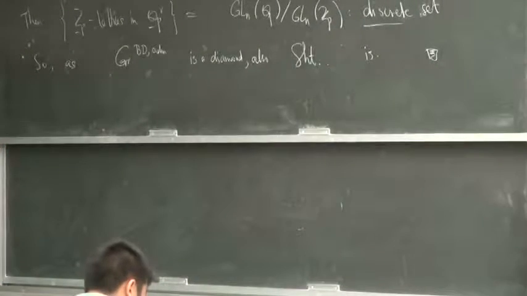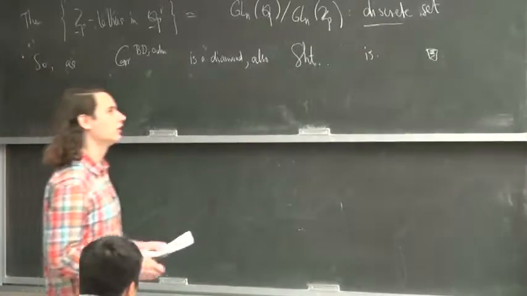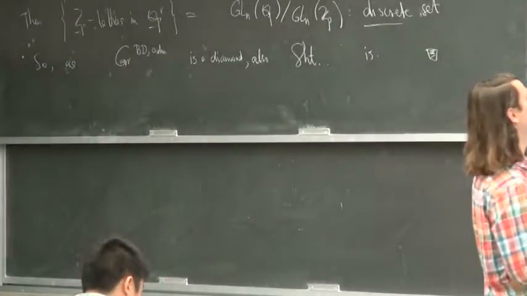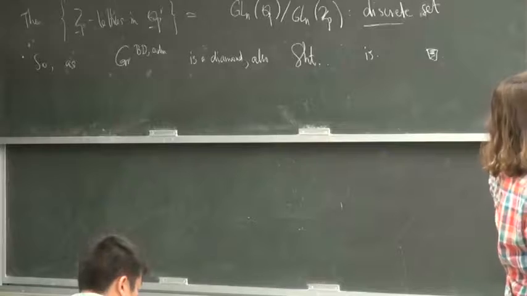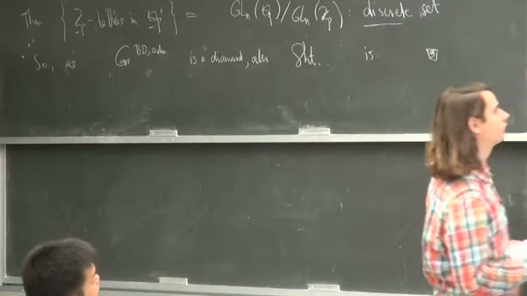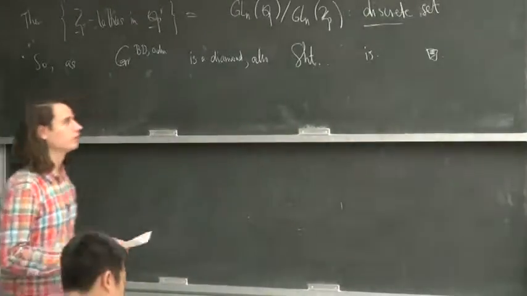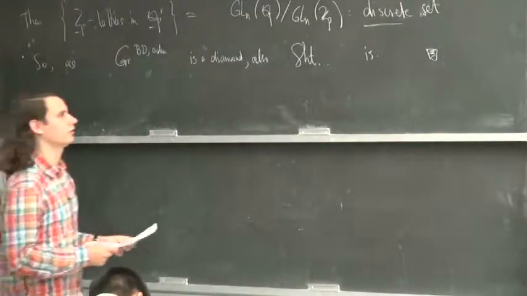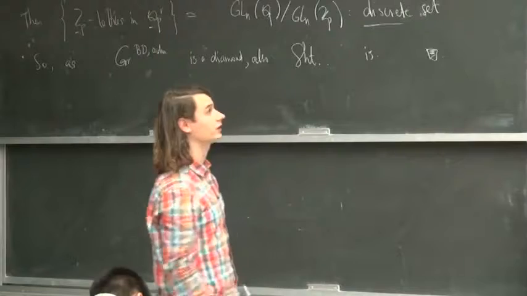Okay, so that explains the strategy. And so what I will do in the remainder of this lecture is give a definition of the space in Beilinson-Drinfeld Grassmannian and construct this period morphism. And then next time we still have to show that the Beilinson-Drinfeld Grassmannian is a diamond.